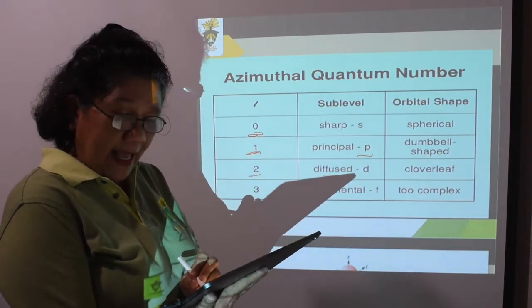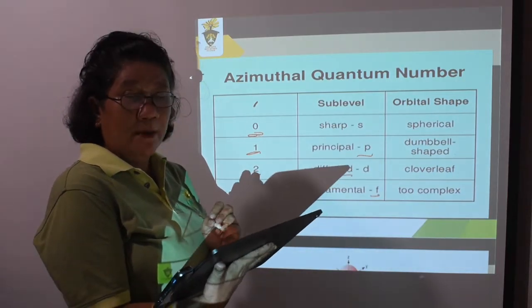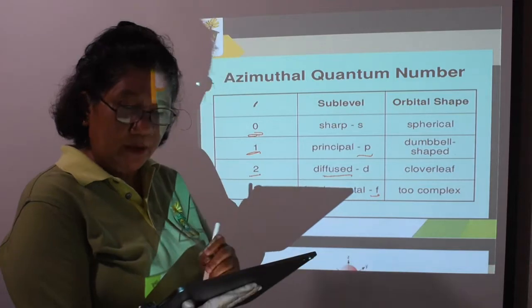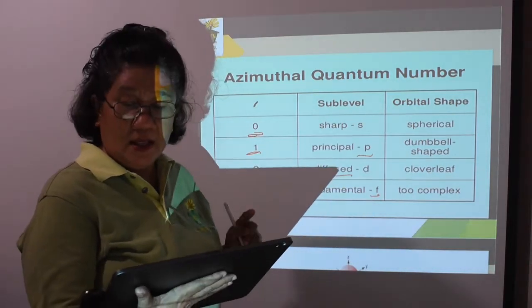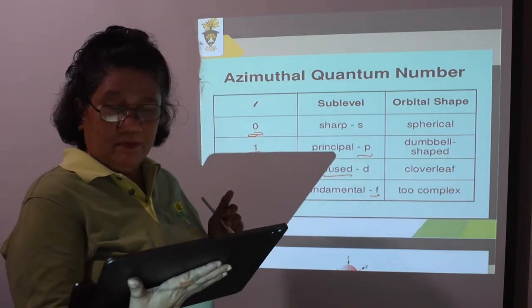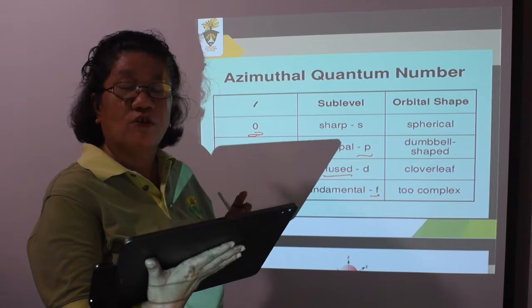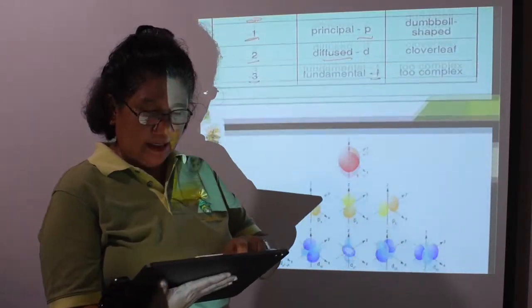When it is F, that is fundamental, it has a value of 3. Its orbital shape will be: S spherical, P dumbbell shape, D clover leaf. But for the fundamental, that is quite complicated.